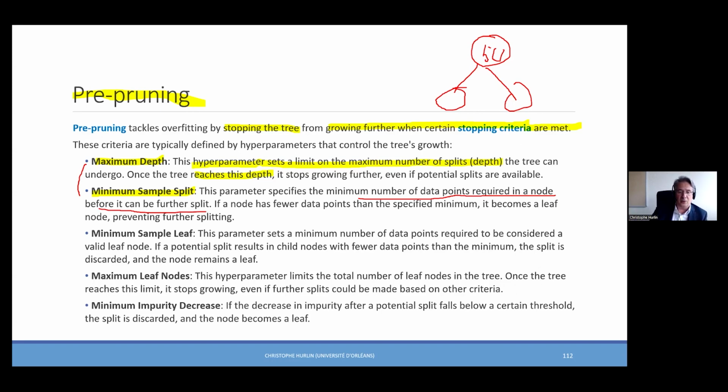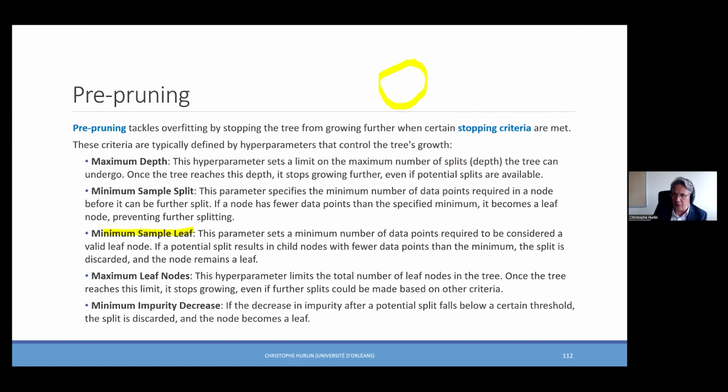You can also consider a constraint about the minimum sample leaf. That is, I impose that the final leaf will include at the minimum, for instance, 10 or 50 observations. This is to avoid defining a leaf in which I have only one individual, for instance, Christophe Hurlin.